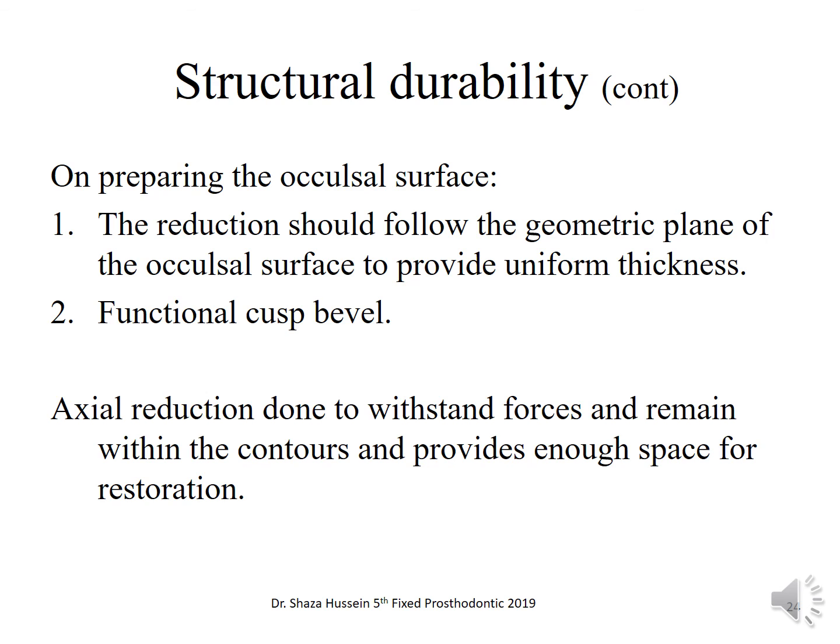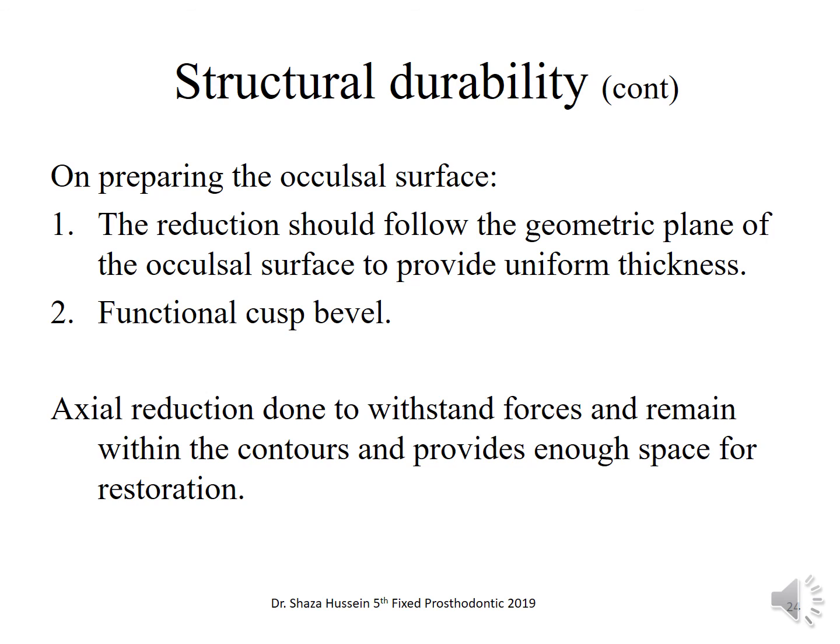I have to take care of the functional cusp. In the occlusal surface of the posterior crowns, we have functioning cusps and non-functioning cusps. Functioning cusps, as you know, play a role in mastication. Non-functioning cusps are not playing a role in mastication.